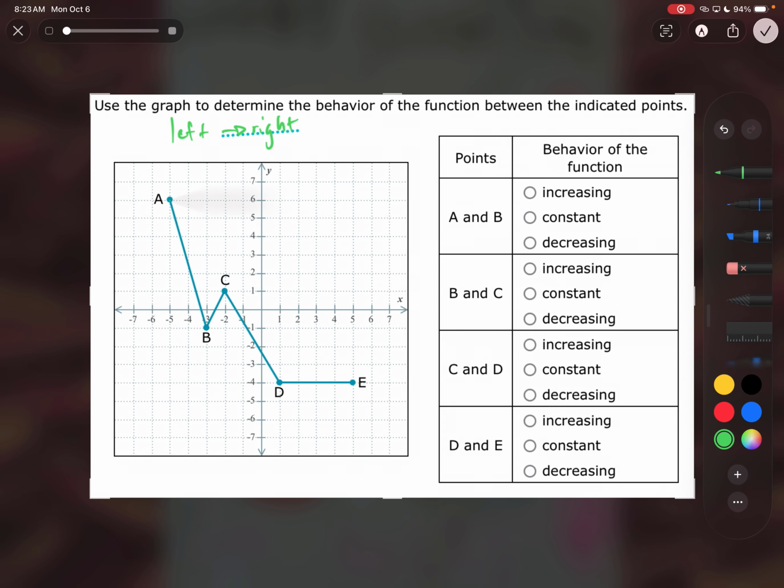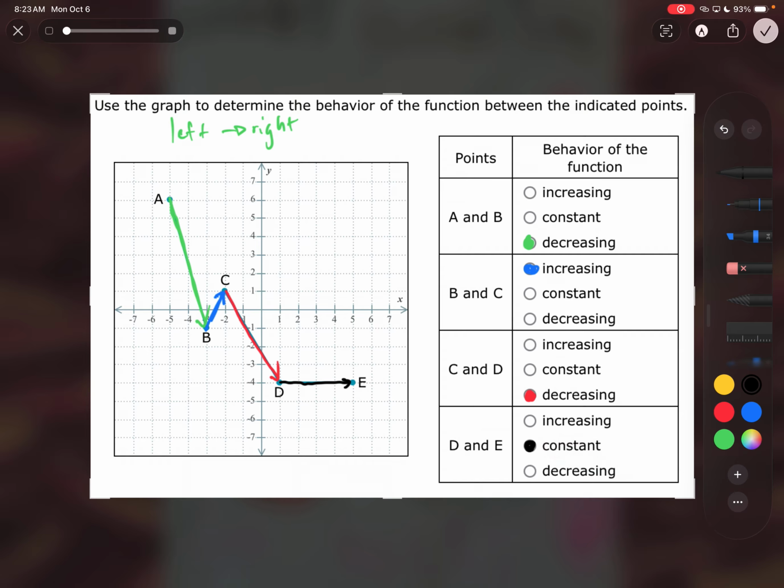So from A to B is going down, right? So that would be decreasing. From B to C, it's going up, so that would be increasing. From C to D, it is going down, so that would be decreasing. And then from D to E, it's going flat, so it's constant.